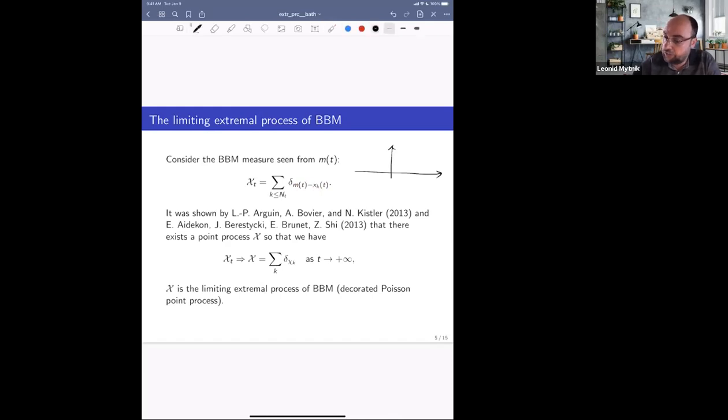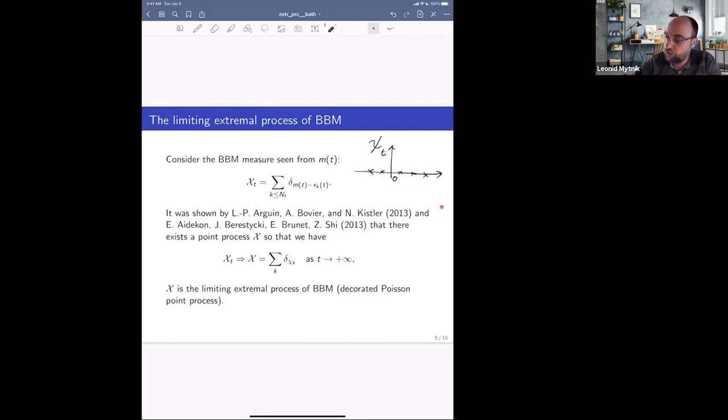And what we see here are these positions of the particles in the process X_t. Just pay attention that this particle, which is the leftmost particle of the process, was in fact the rightmost particle in the original process, since we reversed everything. Otherwise it's just the same. And since we shifted everything around m_t, the leftmost particle will be around 0. It will be here, maybe here, but it won't run away.